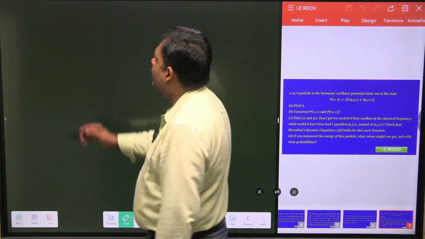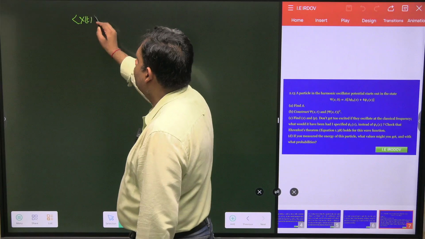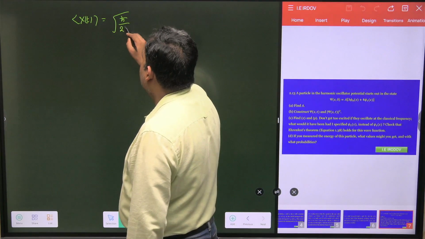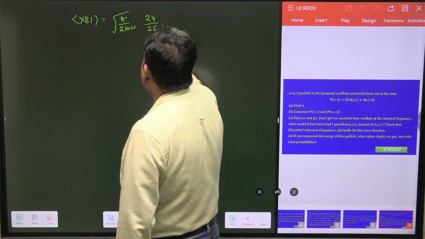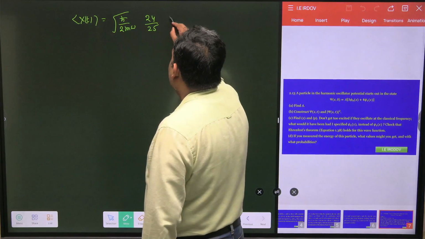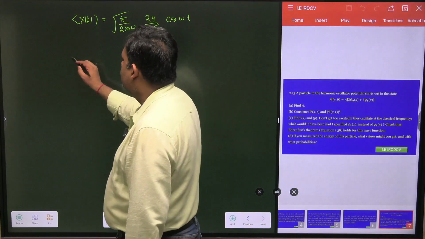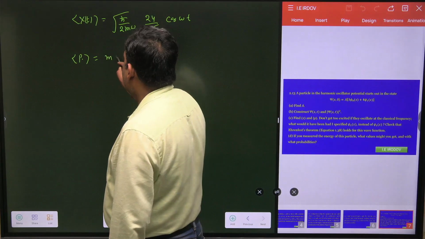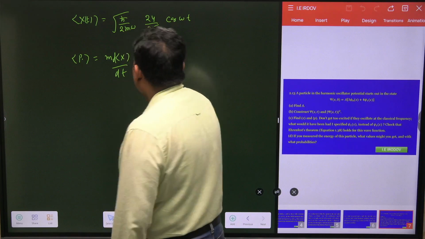So this is my average value of position, equal to ħ/2mω times 24/25 cos ωt. And we all know that the average value of momentum is m times d⟨x⟩/dt. So what will we get?